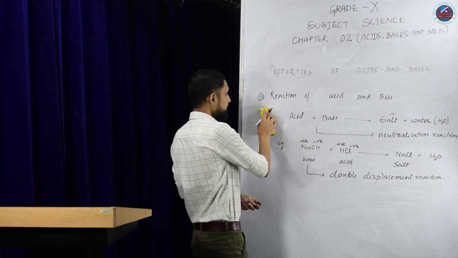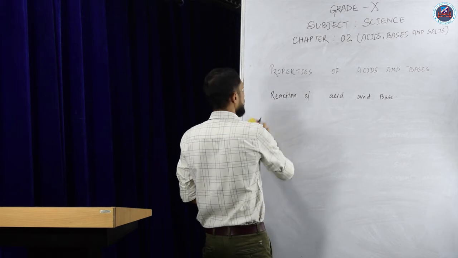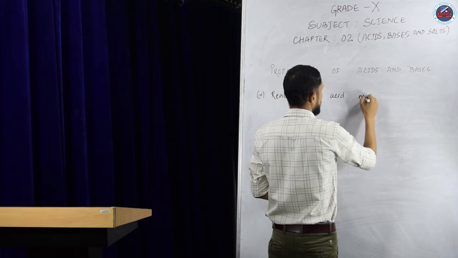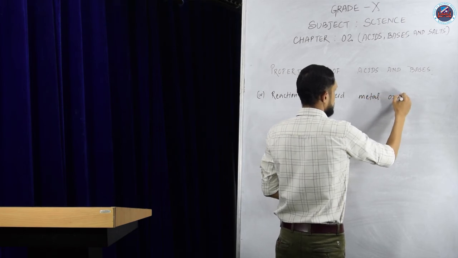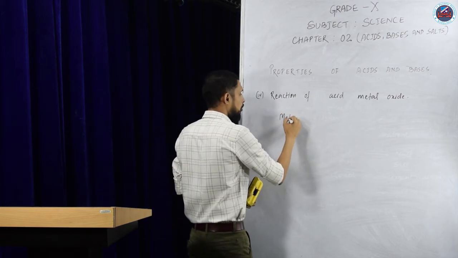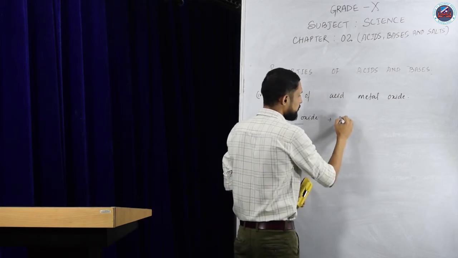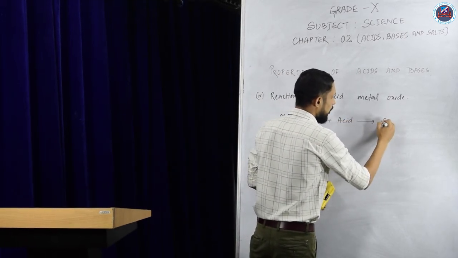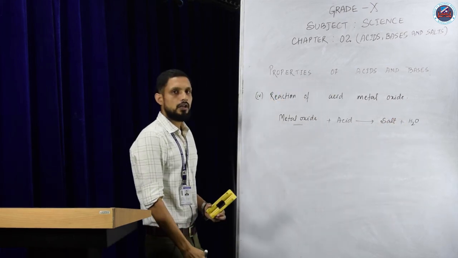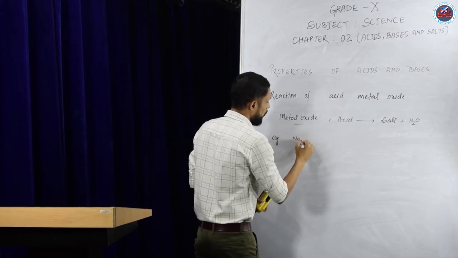Let us see the next property, that is a reaction of acid with metal oxide. Metal oxide, if it reacts with an acid, it forms salt and water. Let us take an example. Na2O.